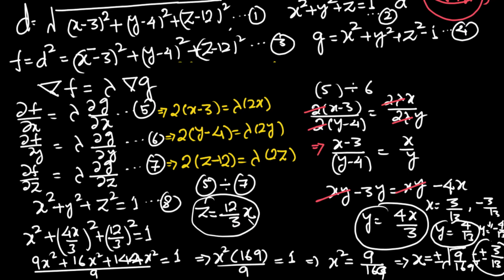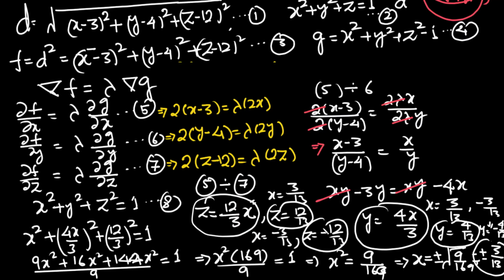Similarly, when we plug in x here, when x is equal to 3 over 13, 3 and 3 will cancel out. So when x is equal to 3 over 13, we will get z equals 12 over 13. And when we put x equal to minus 3 over 13, 3 and 3 will cancel out, we will get z equals minus 12 over 13. Okay.